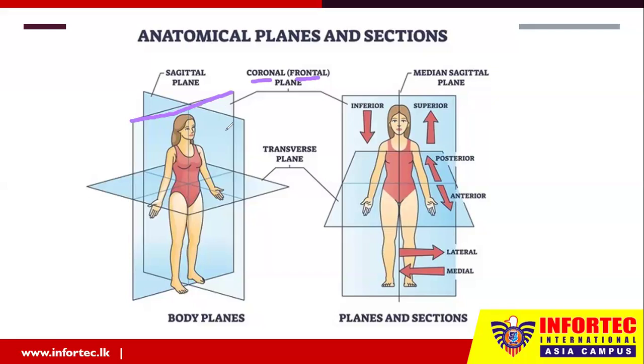It means the anterior part and the posterior part, right? If we divide our body through this coronal or frontal plane, we can divide our body into anterior part and posterior part, so we can see the front and back views of our body, right?